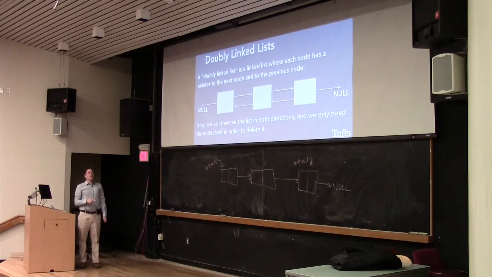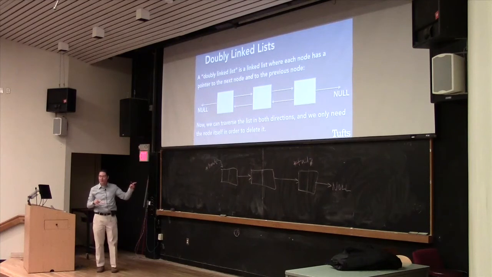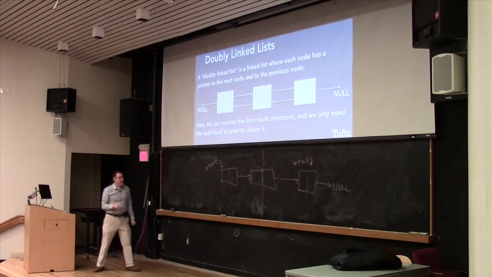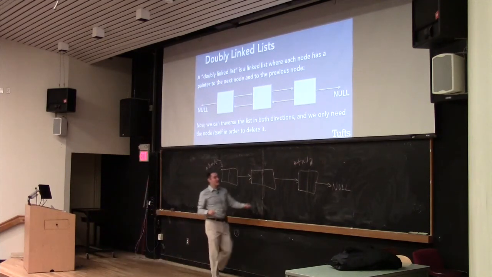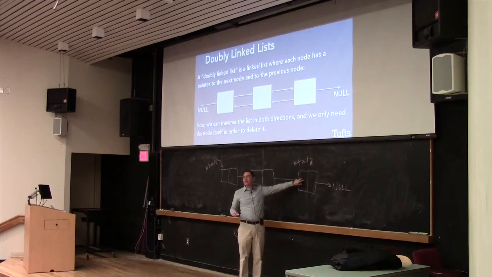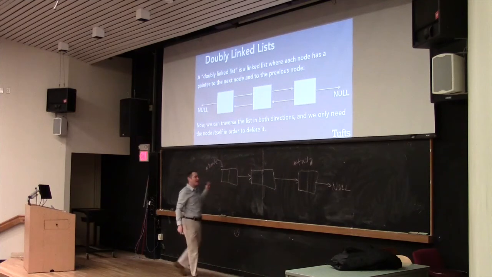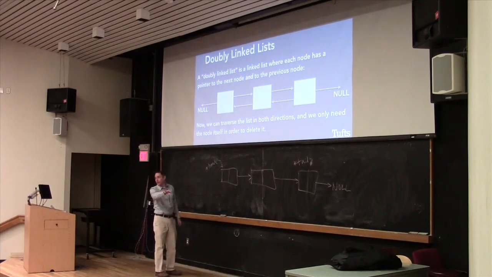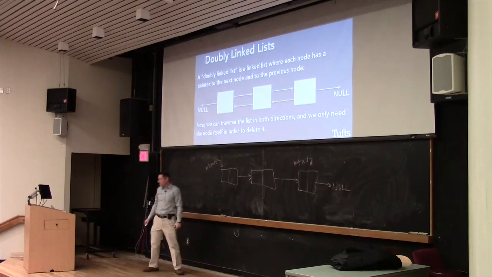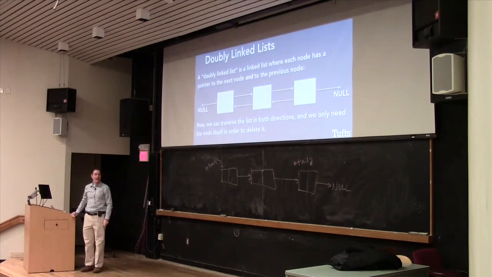Some of the issues with linked lists, these what we call singly linked lists, are that if you're down here somewhere and you need to get to some other link that's back here, you have to go find the head again and then walk all the way through it, right? Like, for instance, if you were going to print out this linked list backwards, what would you have to do?